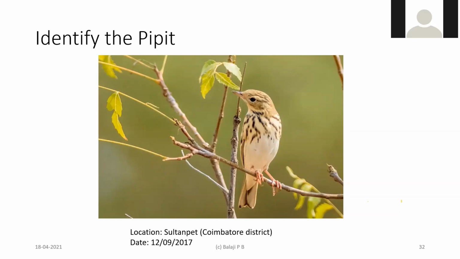So I would say this is a tree pipit. But it's not a hill pipit at all. Tree pipits can be found in the hills and in the foothills and the plains. Yeah, it's on a tree also.